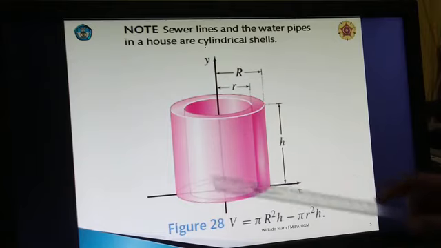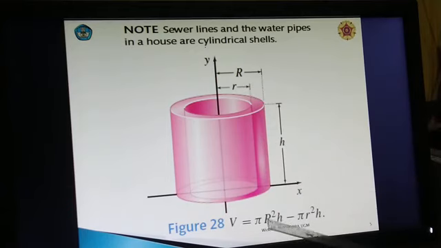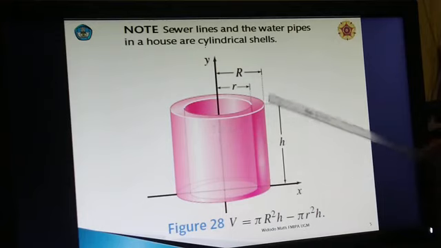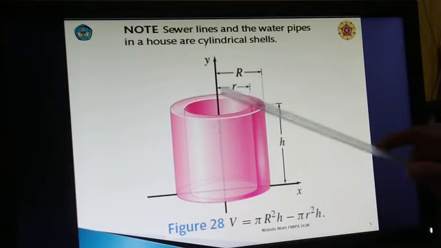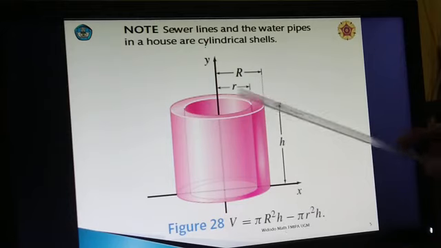As we know from Calculus 1, the volume of this pipe is the outside cylindrical volume minus the inside cylindrical volume.